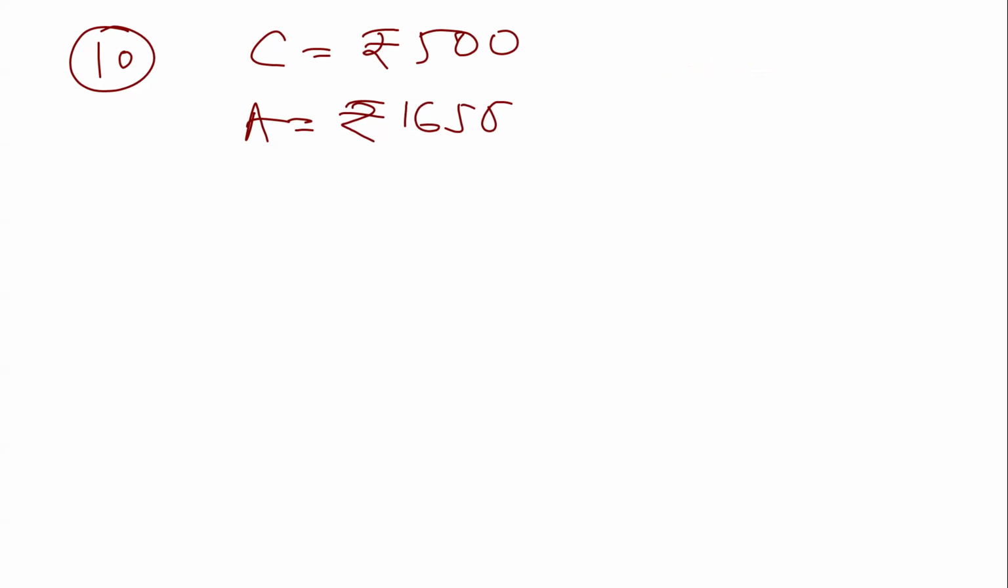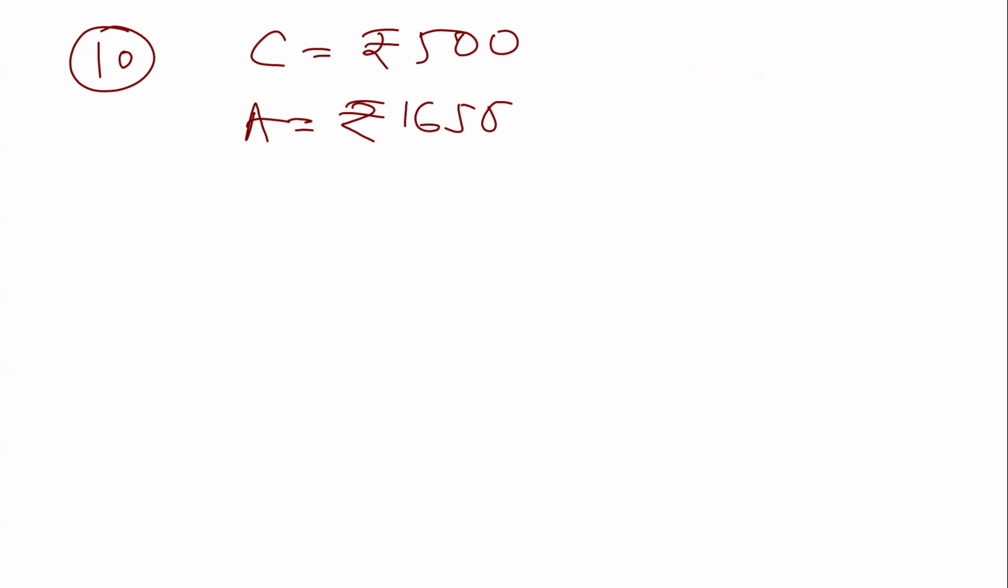10% again I'm going to write it as 10 upon 100. And this will be cancelled over here. Now these zeros will also get cancelled. The value of this round bracket is 11 upon 10, taking the LCM: 10 plus 1, 11, 11 upon 10.